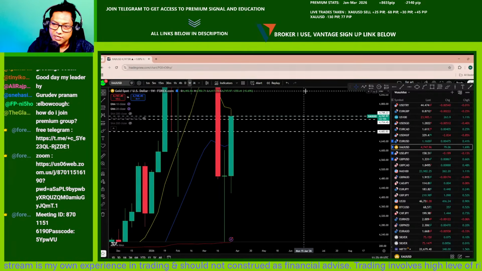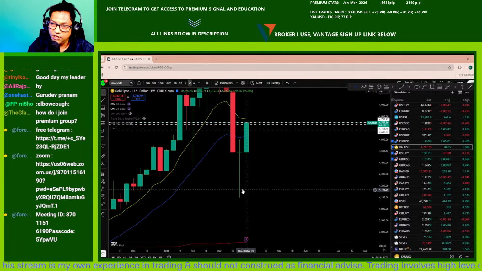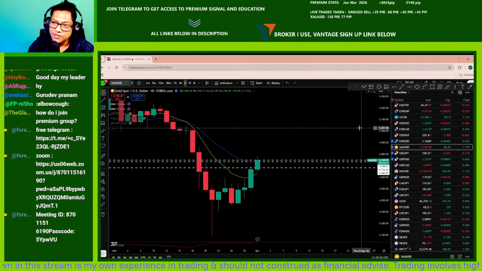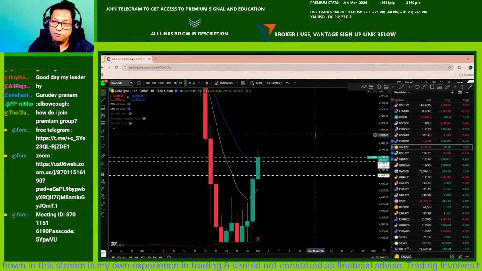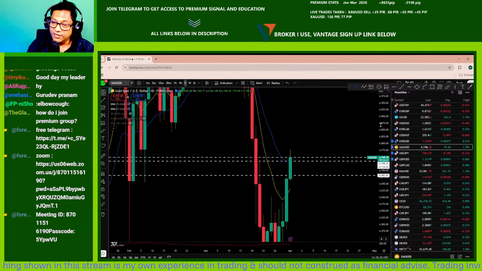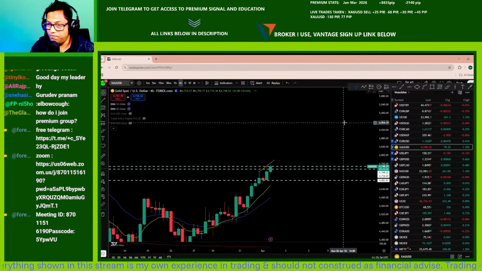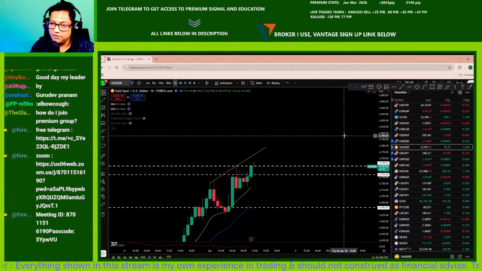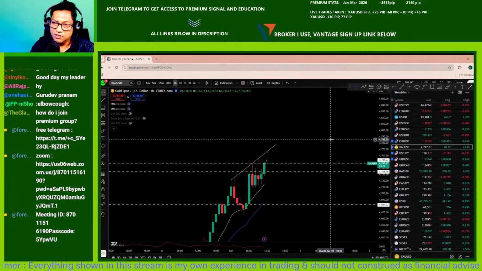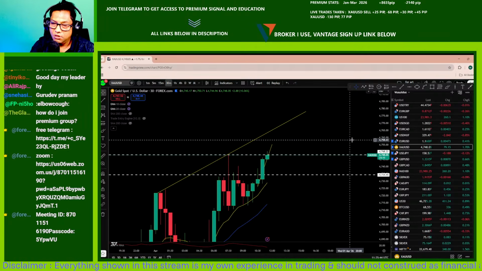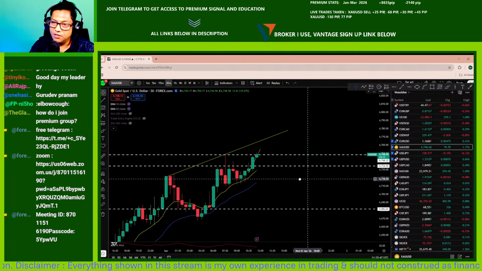Technically it came to this support. But what is the sentiment relationship to this movement on gold? That is what we really need to look at here. How has that influenced the market?